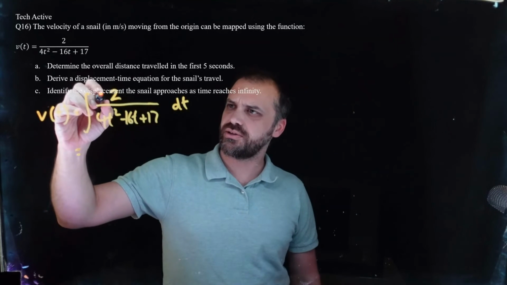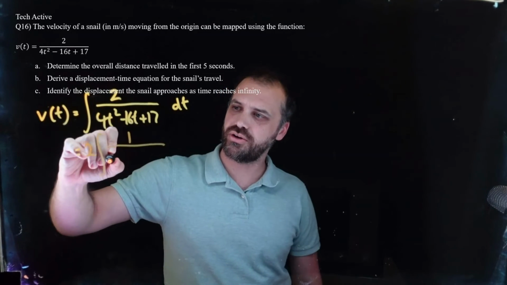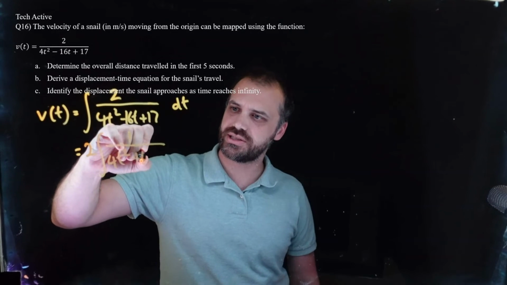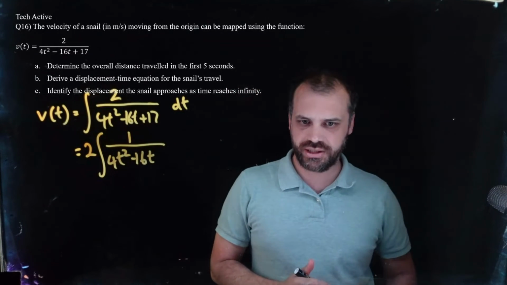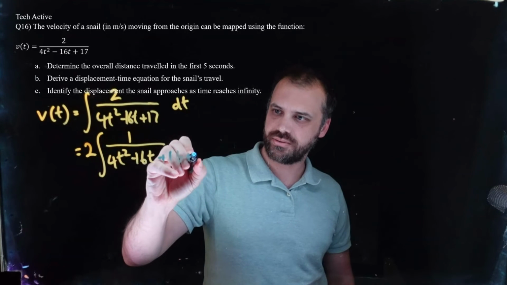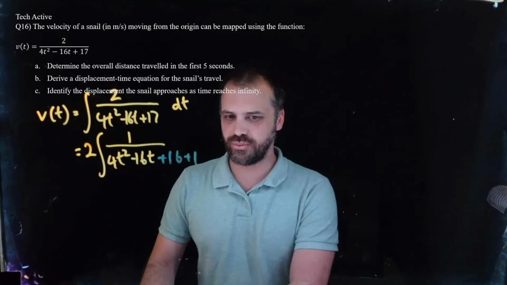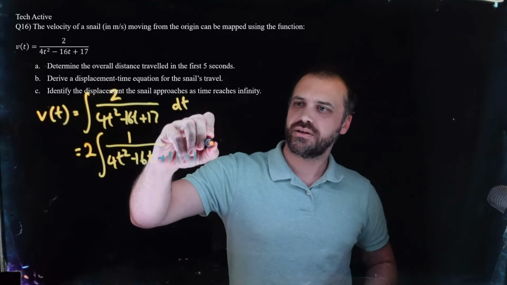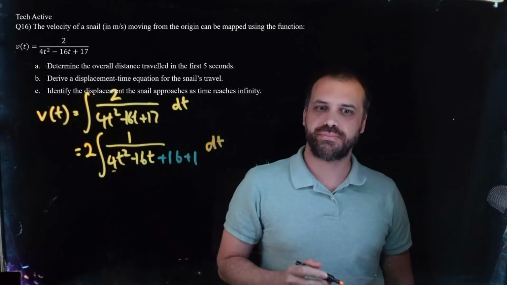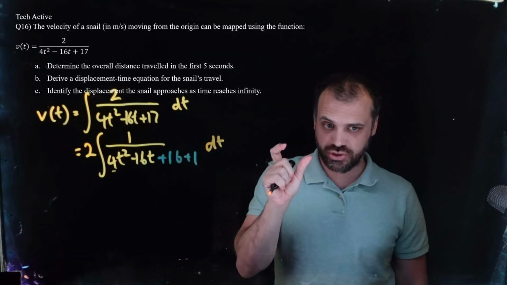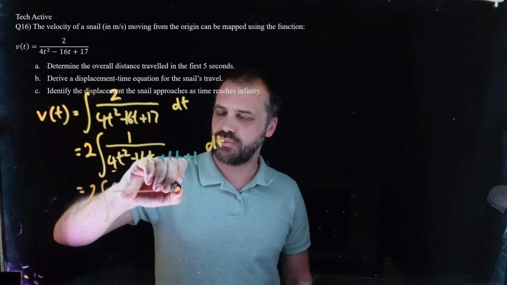I'm going to say that this is the same as 2 times the integral of 1 over 4t squared minus 16t plus 16 plus 1. Clever. And you're thinking, why clever? What's good about that is this 4t squared minus 16t plus 16 is stored away in my head as something quite special.